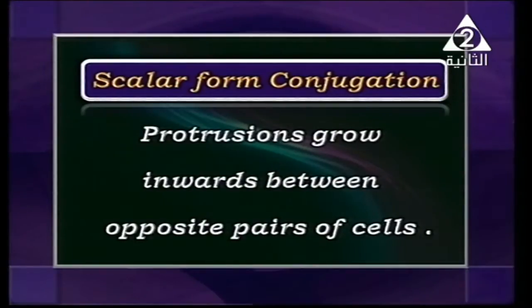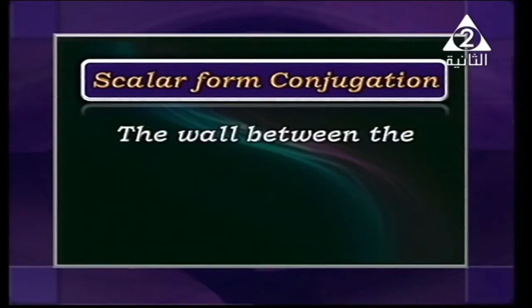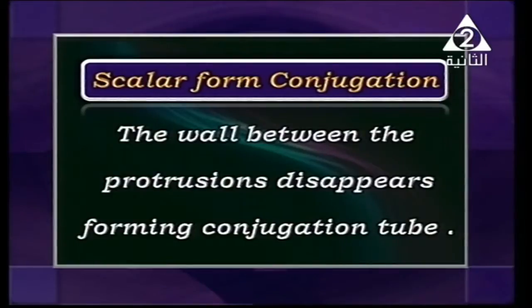We have two cells opposite to each other, and a protrusion appears from each cell. After that, the walls between the two cells disappear. In the position of the disappearing walls, a kind of bridge forms between them, and we call this bridge the conjugation tube.